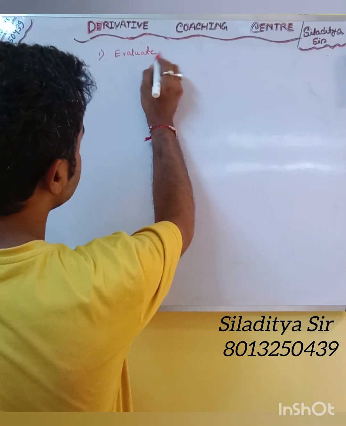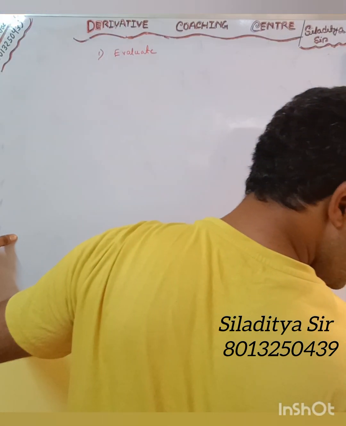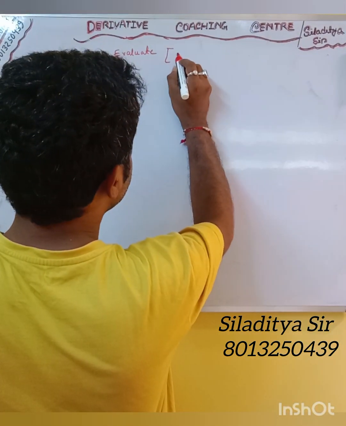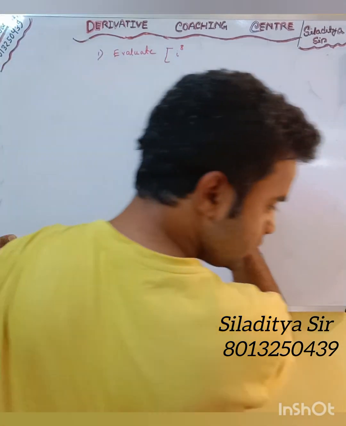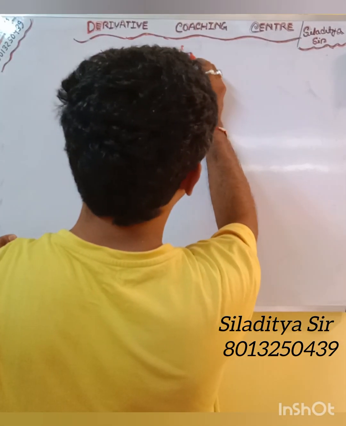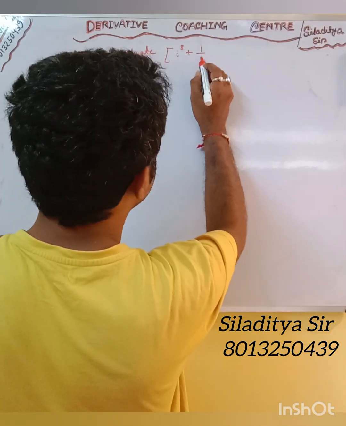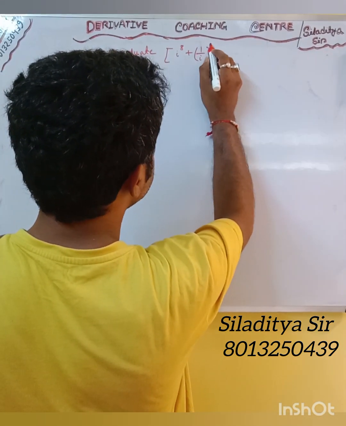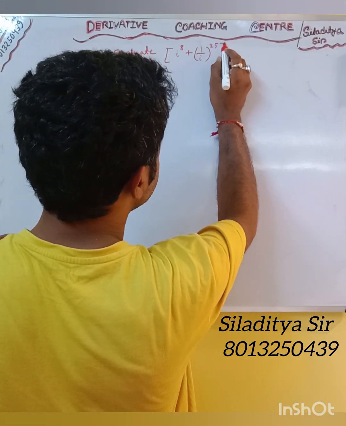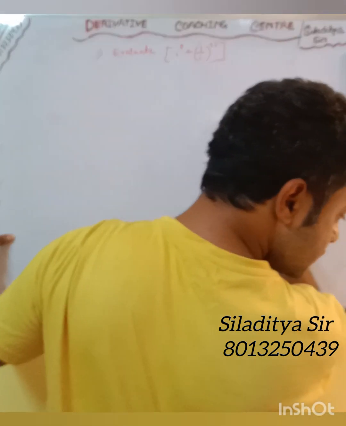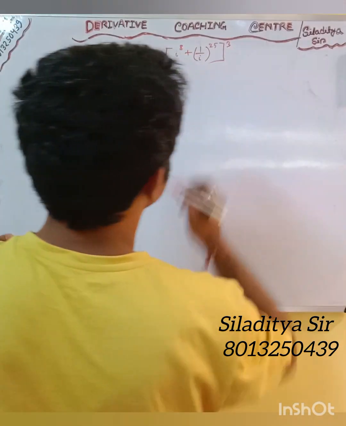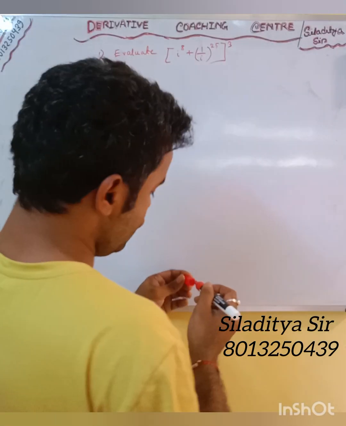The first question: evaluate (i to the power 18 plus (1 by i) to the power 25) whole to the power 3.